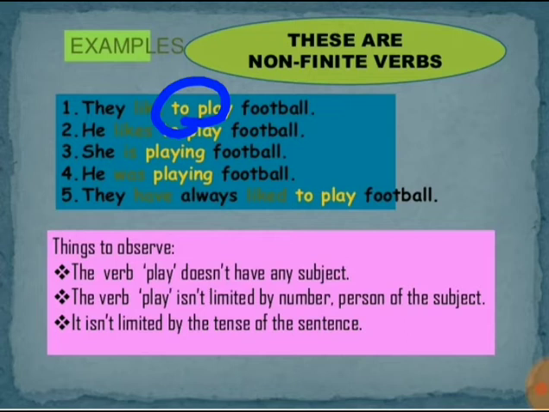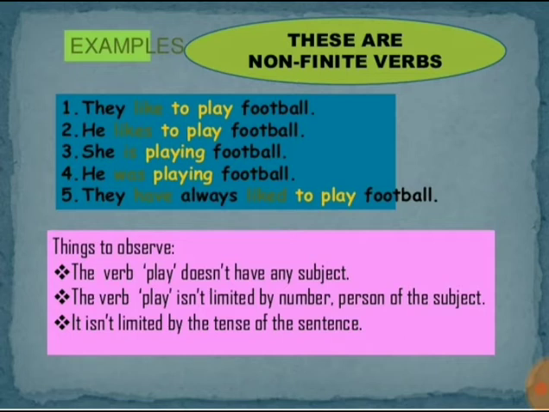This can be used in past tense also. He liked to play football, okay. She is playing football. This is a finite verb, okay. They have always liked to play football.